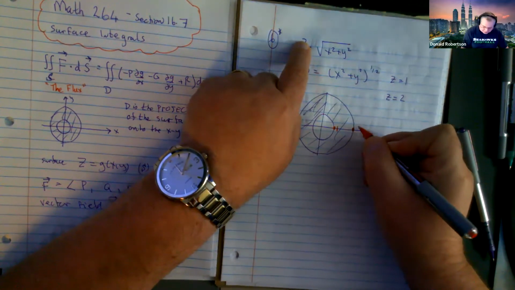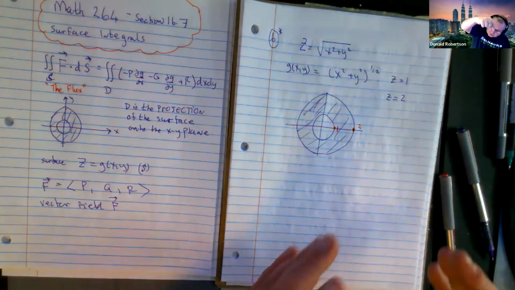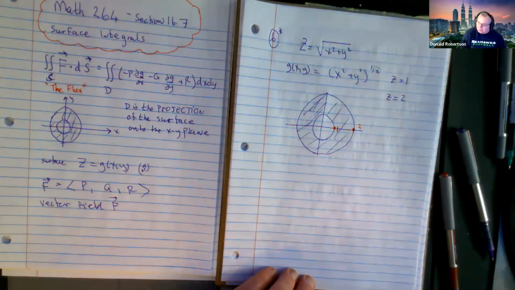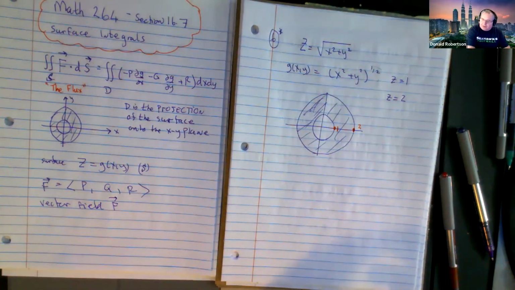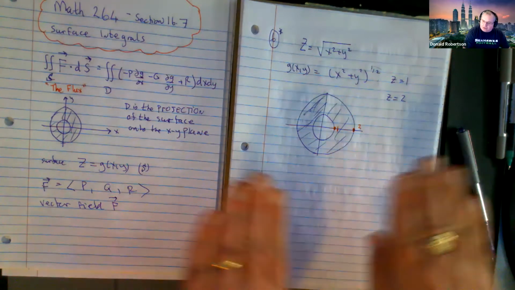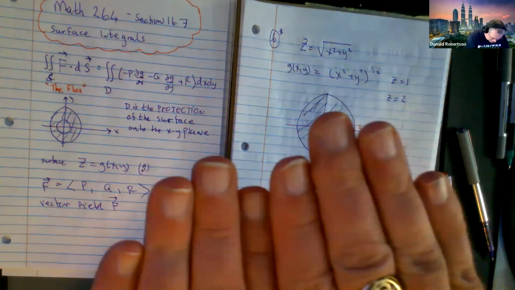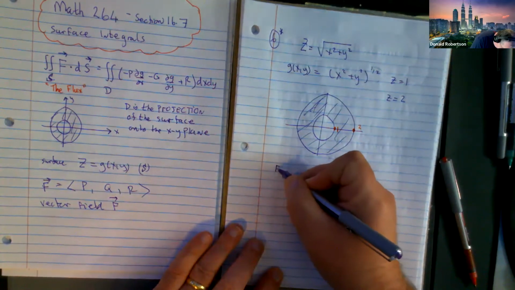I know that picture's missing, but you remember the cone that we showed you that was sliced? If you looked at that cone vertically from above, wouldn't you see this donut shape? Cut at z equals 1 would get you the inside circle. A little bit higher at z equals 2, you get the outside circle.